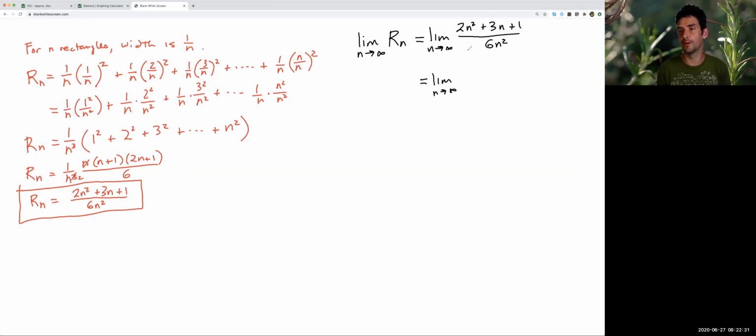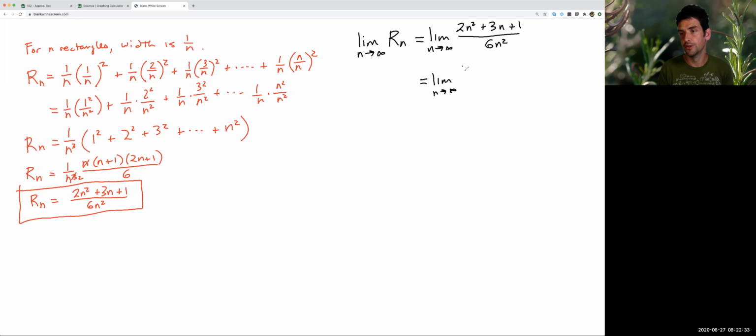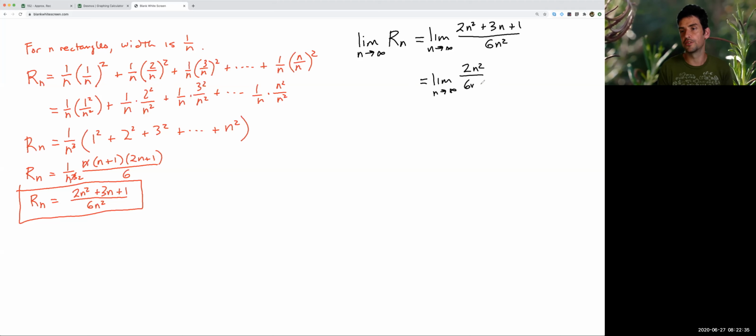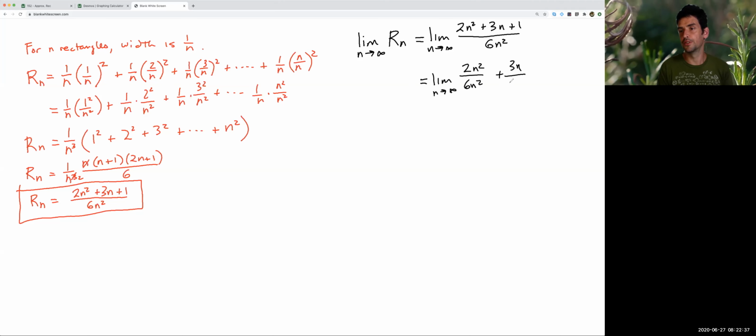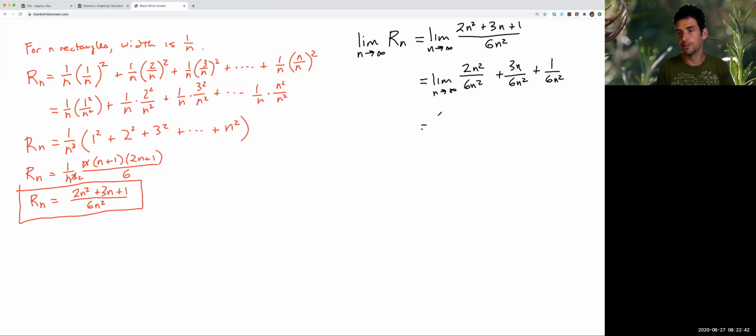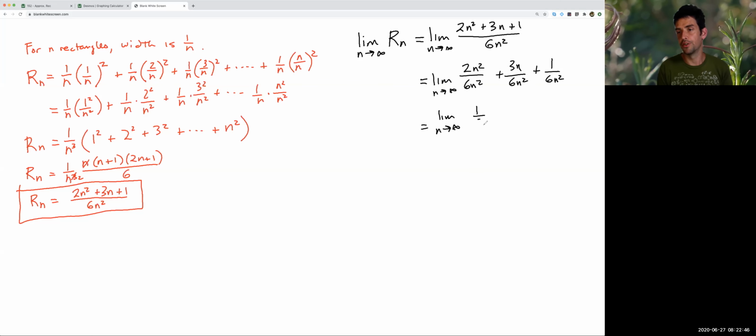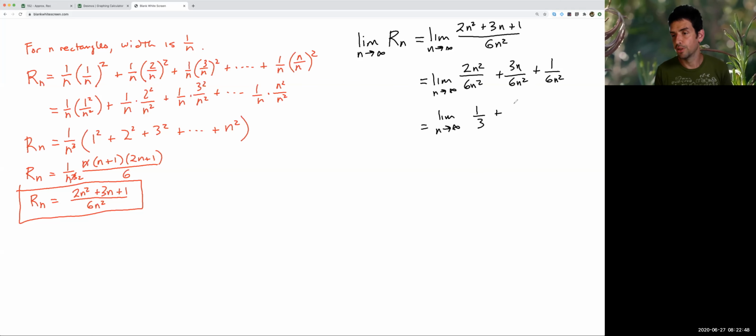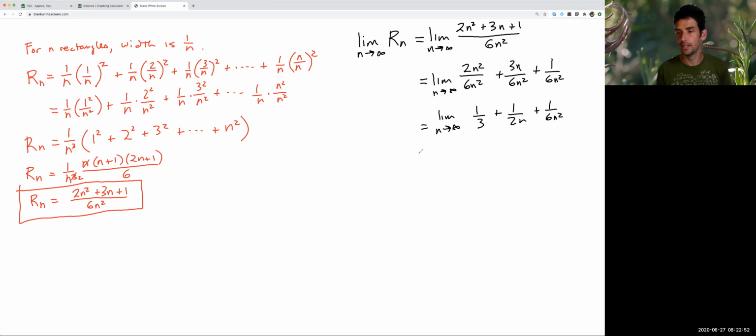I can split this up into 3 fractions. We get 2n squared over 6n squared plus 3n over 6n squared plus 1 over 6n squared, which is the limit as n goes to infinity of 1/3 plus 1 over 2n plus 1 over 6n squared.